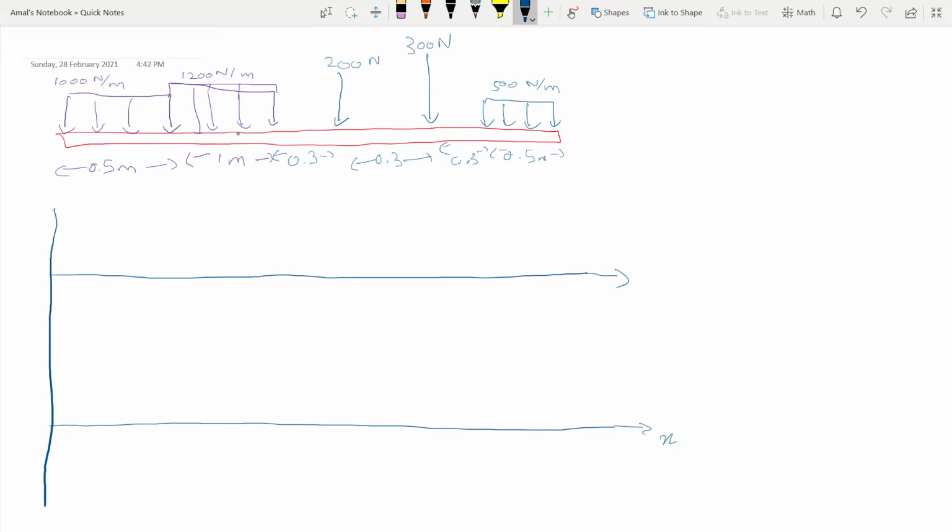This is the x-axis, and here we have shear force, and here we have moment. Let me divide this too so you can get a clear idea of what it looks like for different sections.